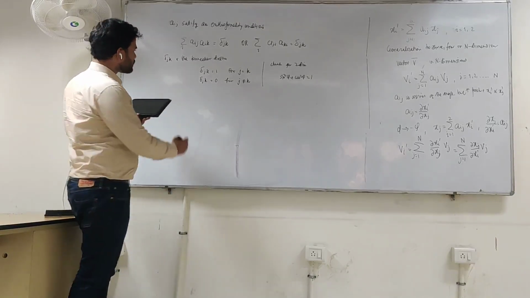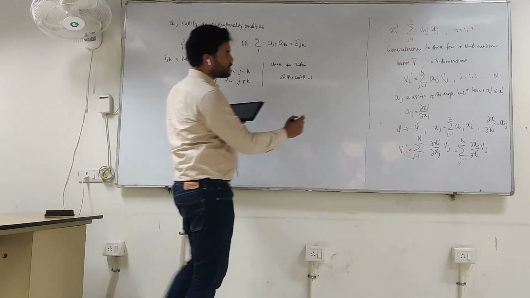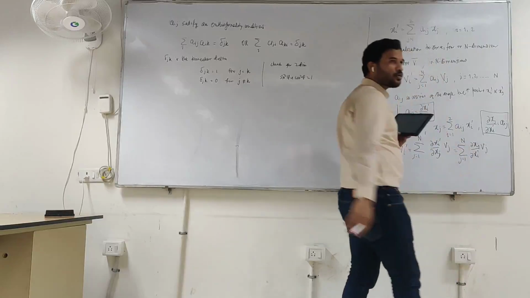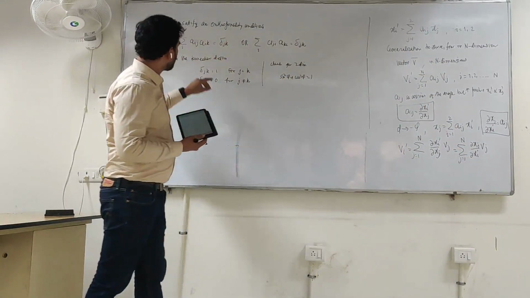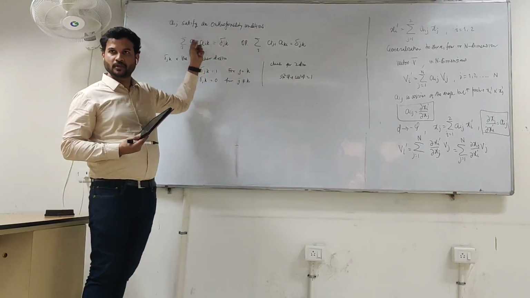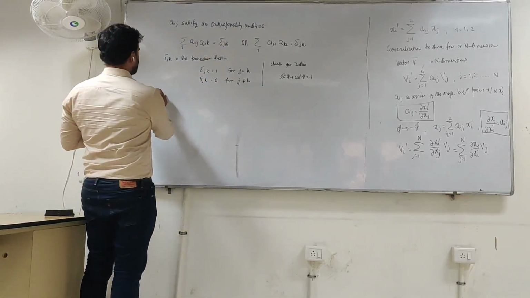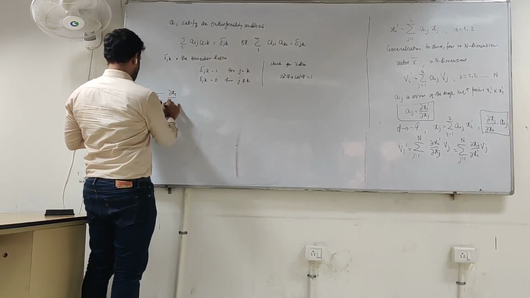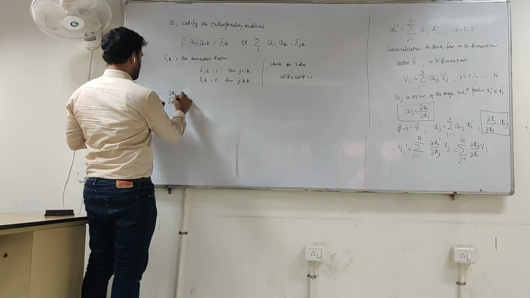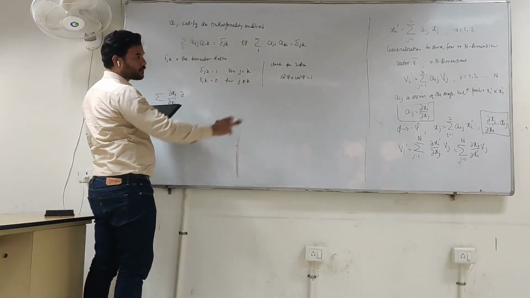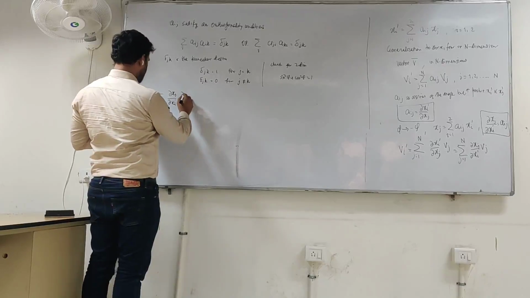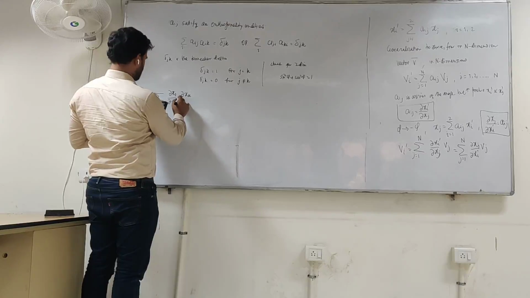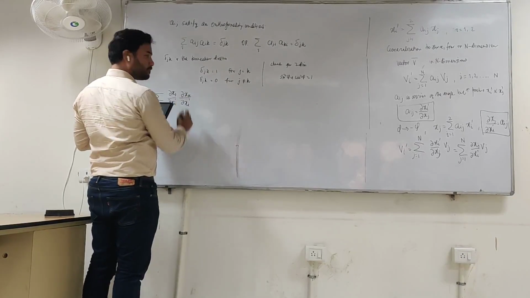I substitute for aij, that is dxj by dxi prime, and for aik from the second equation, that is dxk upon dxi prime.